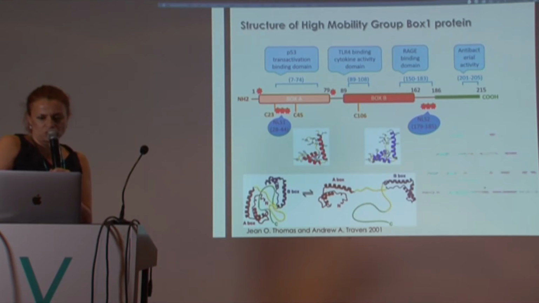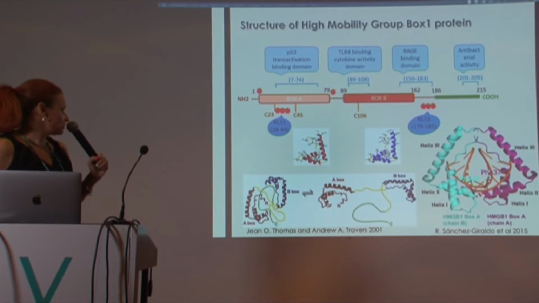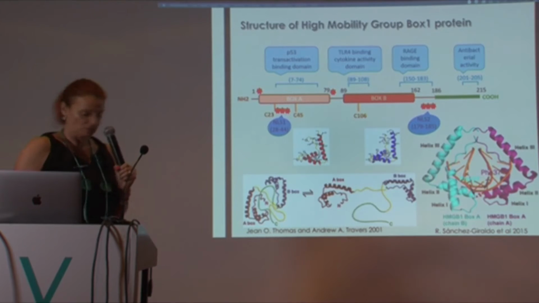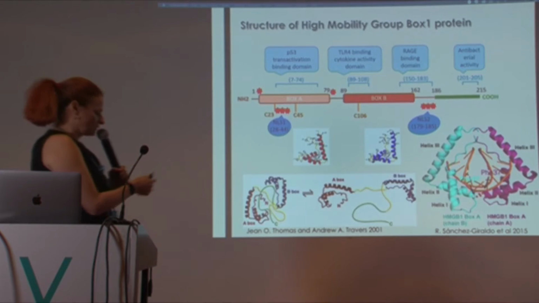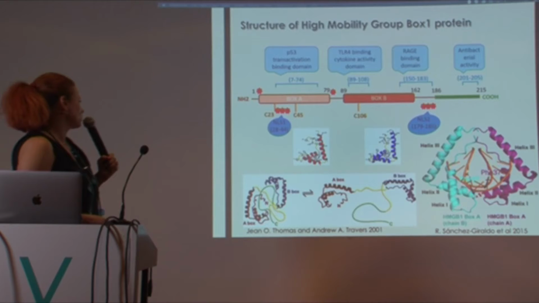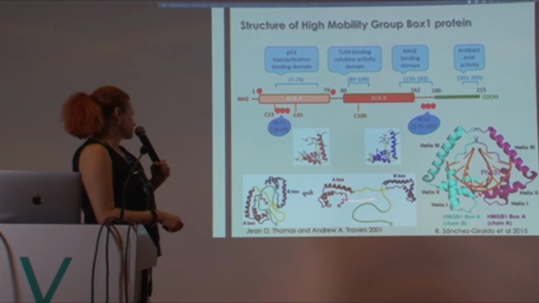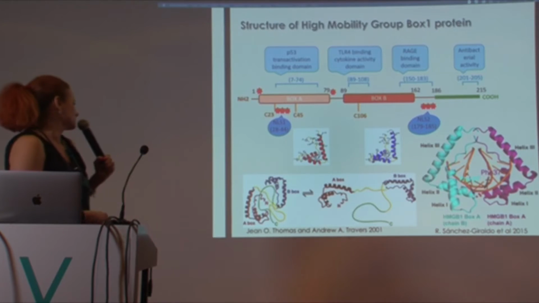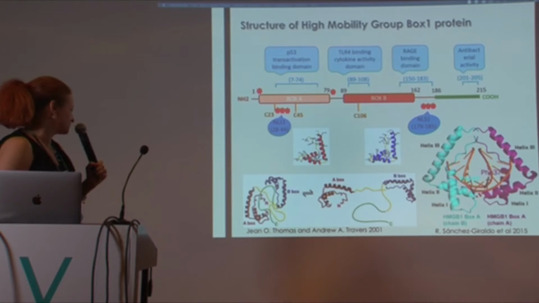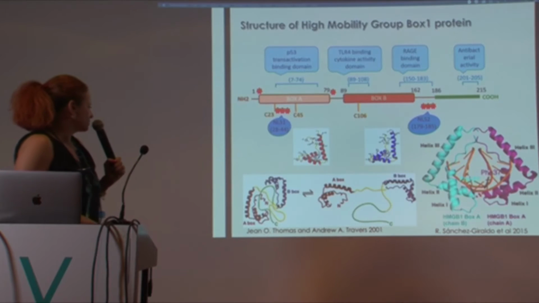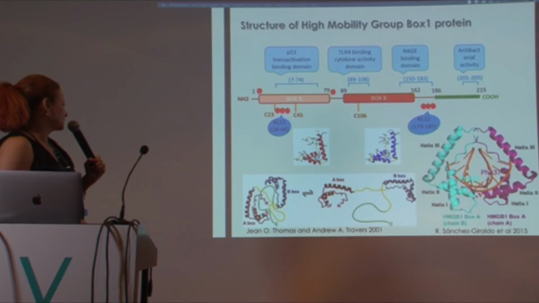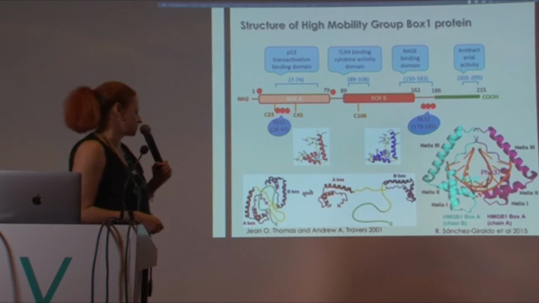So here I'm going to show you the structure of the two boxes, which are the active parts of the protein, the crystallographic structure, which was discovered by Jean Thomas and Andrew Travis, and they showed that the protein could exist in a more closed or more open conformation.